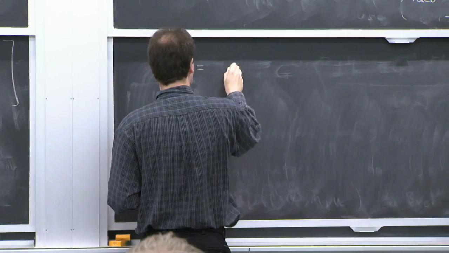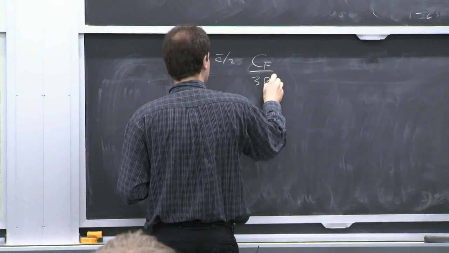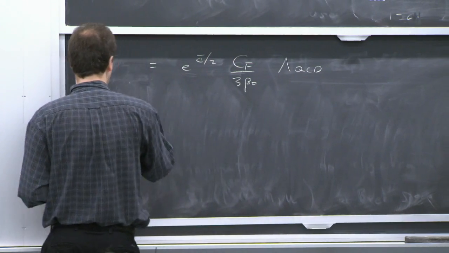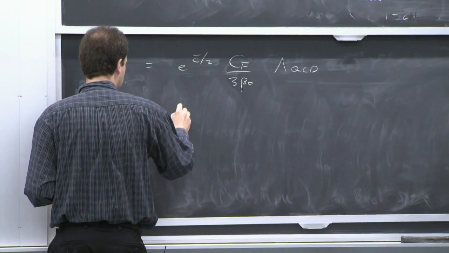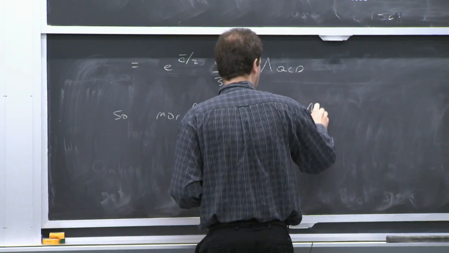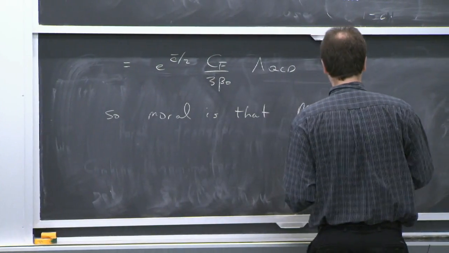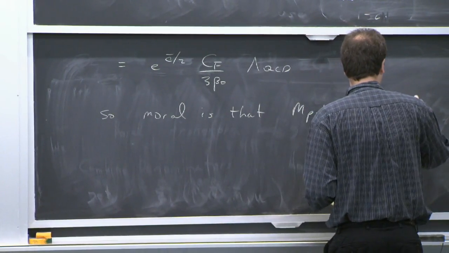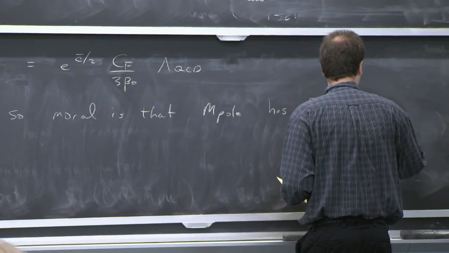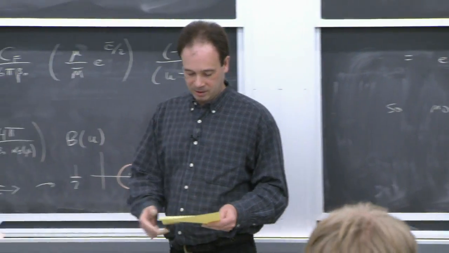We've just shown that the ambiguity, up to some constant prefactor, is exactly Lambda QCD, and that is exactly our physical idea that we said last time, that the pole mass has a delta m of order Lambda QCD ambiguity. And we've just seen that explicitly arise from calculations with this Borel space.